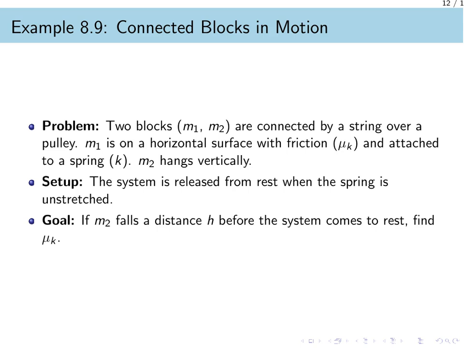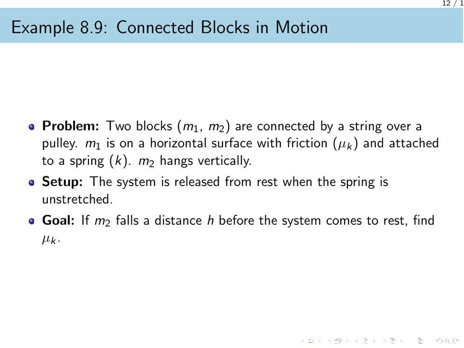Example 8.9 presents our most complex system yet. We have two blocks, M1 and M2, connected by a string over a pulley. Block M1 is on a horizontal surface, is attached to a spring, and experiences friction. Block M2 is hanging vertically. This system combines multiple energy types.